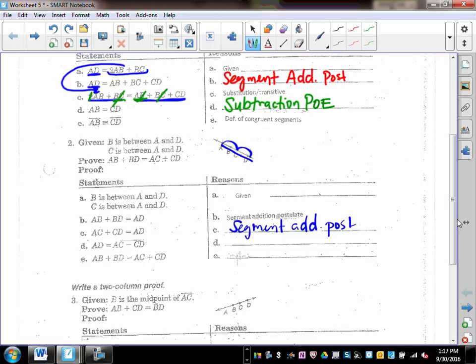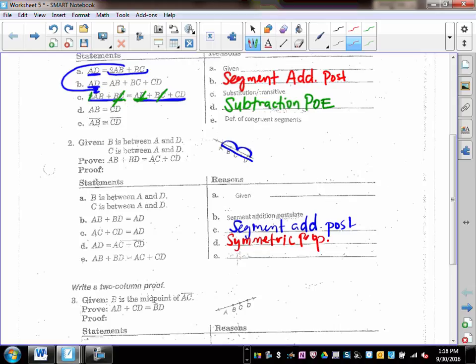Symmetric property. We just switch them. Symmetric property. I don't know why there's an awkward semi-line, probably from being copied. You can see there's specks all over, so that is not supposed to be. Symmetric property.